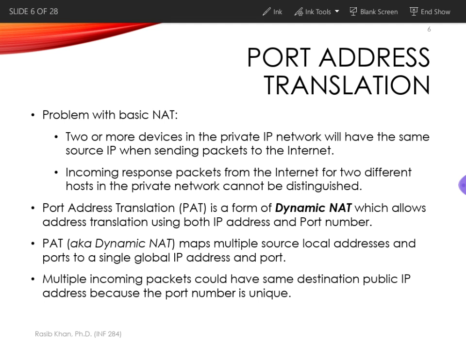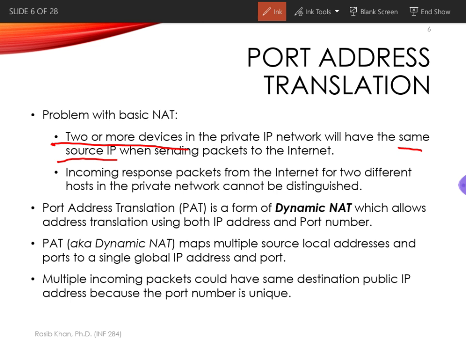However, there's a basic problem with the basic NAT. Let's say 2 or more devices in the private network are trying to send out a packet to the internet, and both of them will have the same source IP when sending packets out, which would be the public IP address of the default gateway.